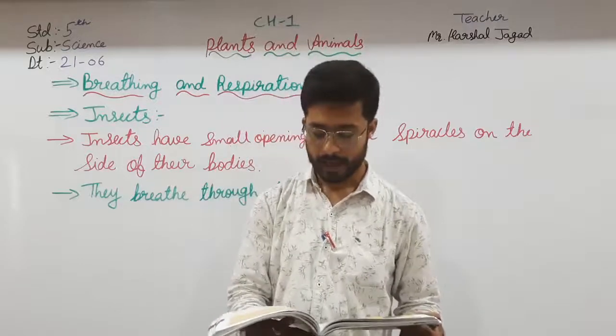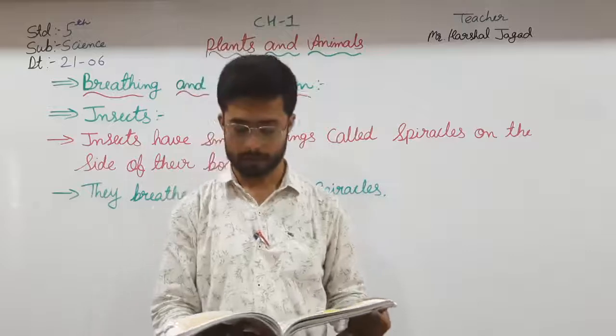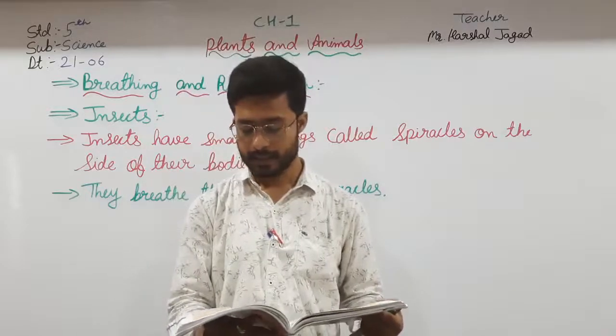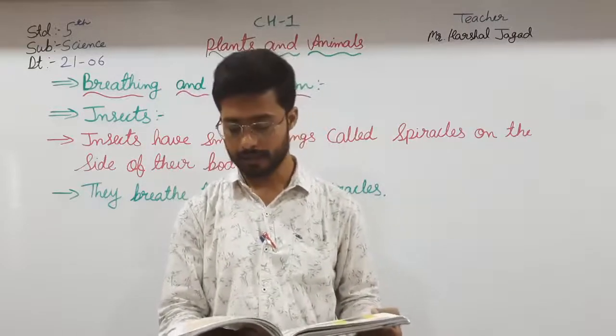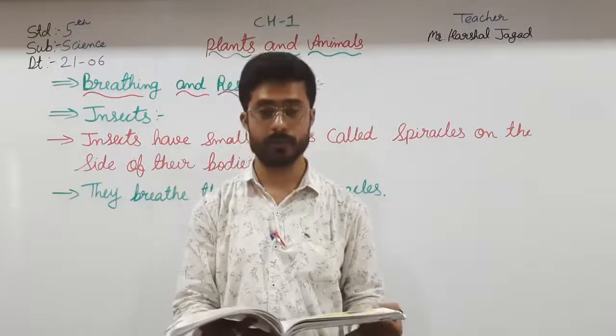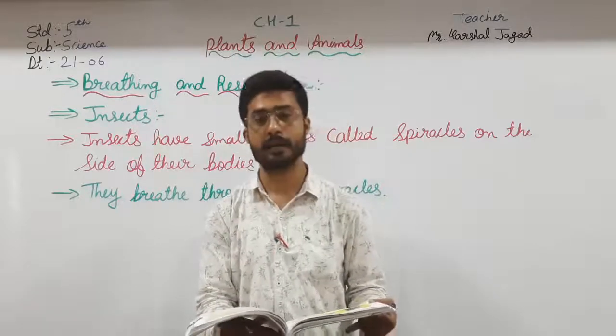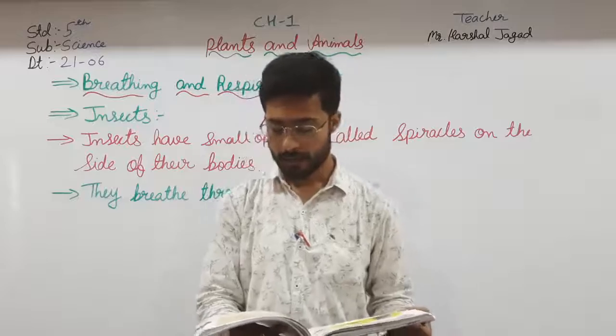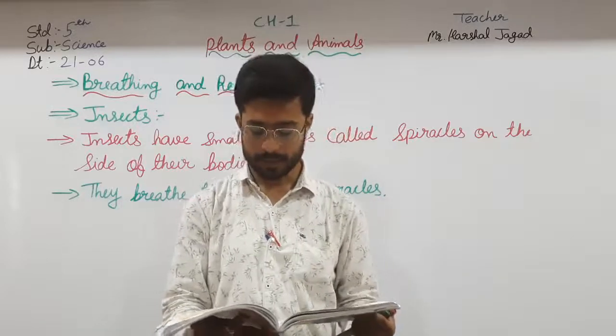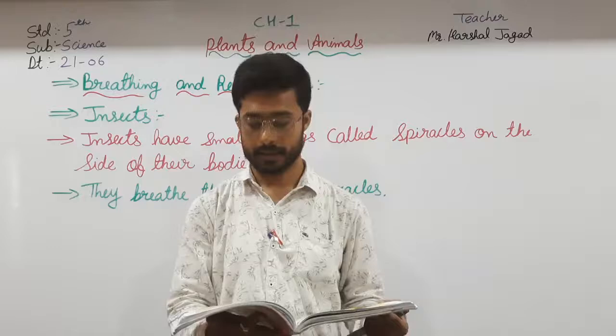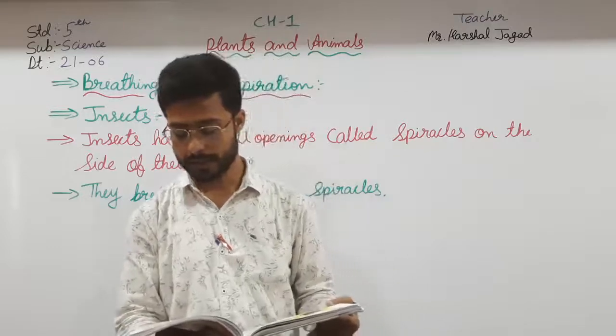Then after, aquatic animals live in water and they take in oxygen that is dissolved in water. Some of them breathe through their lungs, some through their gills. Fish, crabs and some other aquatic animals breathe through their gills. Dolphins and whales breathe through their lungs.